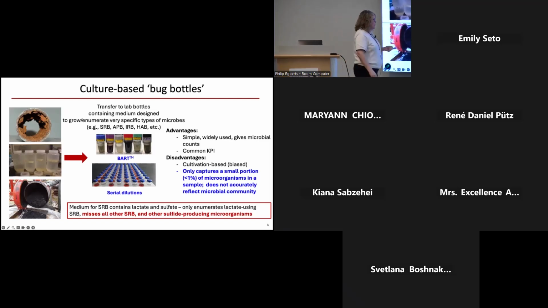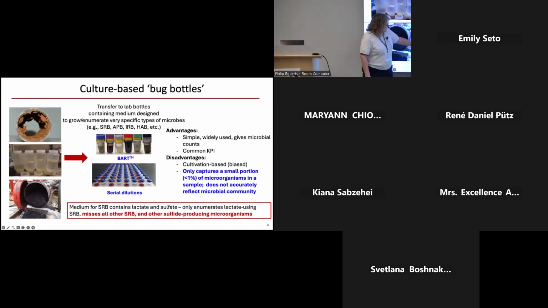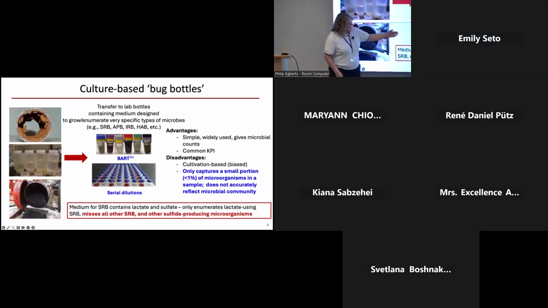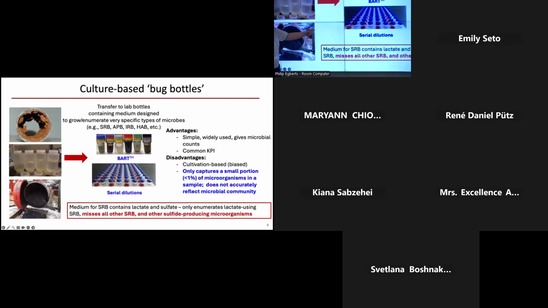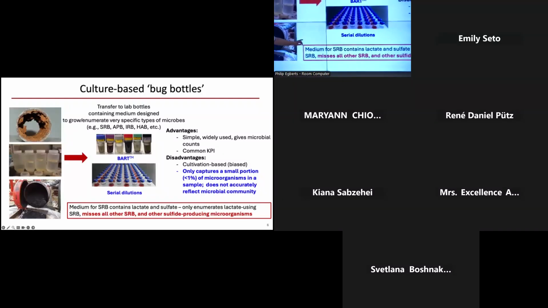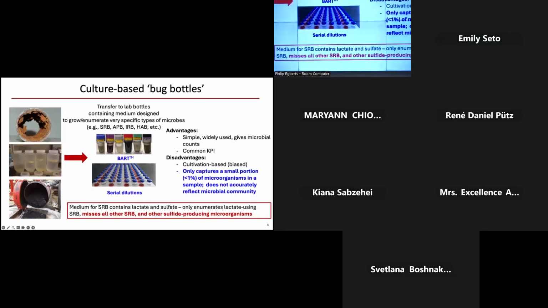Just as an example, a medium designed for sulfate reducers contains lactate and sulfate. So what this does is it only enumerates lactate-using sulfate reducers. So it misses out on other sulfate reducers and other sulfide-producing microorganisms. So that's a big disadvantage, but it is a very commonly used technique.